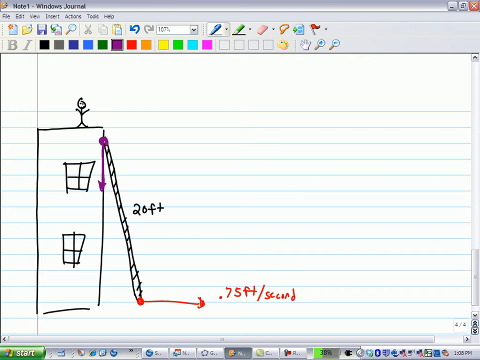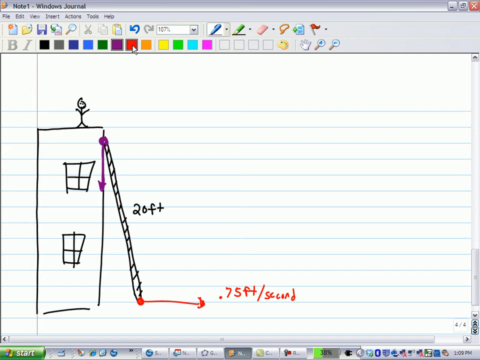So we're just saying, hey, we've got a ladder. The base is sliding away from the building, which means the top is sliding down at some rate. Can we find that rate? And is that rate constant? Is it going to be a negative 0.75 feet per second? Is that what it's always going to be falling at? Or does the rate depend on the position of the ladder, how far it is away from the building?